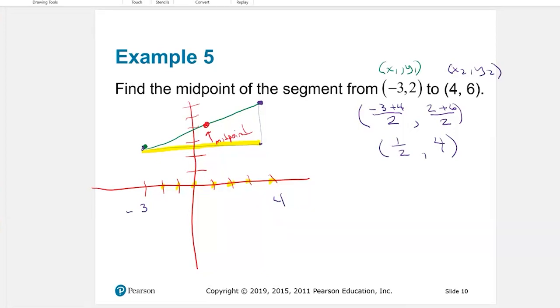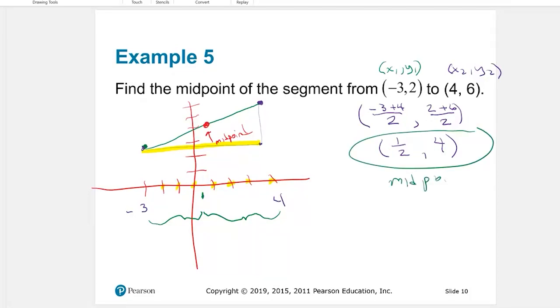Half of that is 3.5, isn't it? So I'm going to go 3.5 this way. And I'm going to subtract 3.5 from here, which gets me to 1/2. And that's my x value. And the middle of 2 and 6 is 4, right? It's 2 above the 2 and 2 below the 6. So this would be my midpoint.